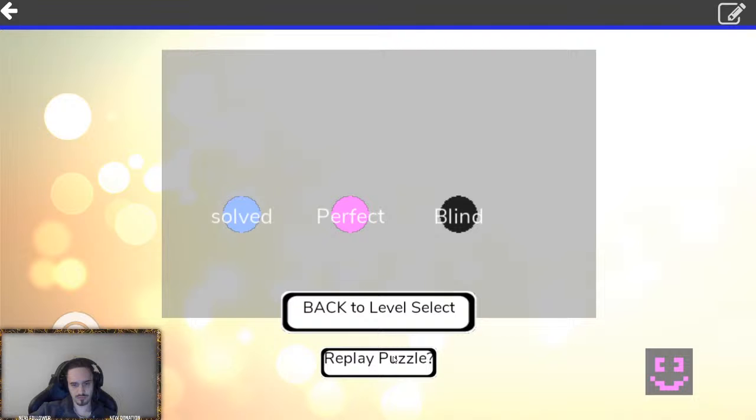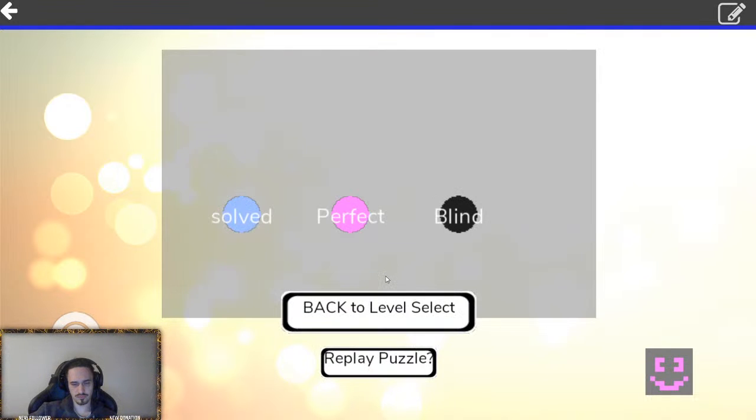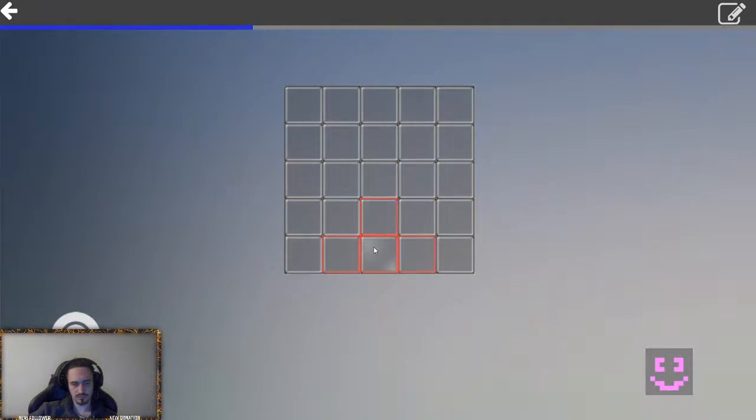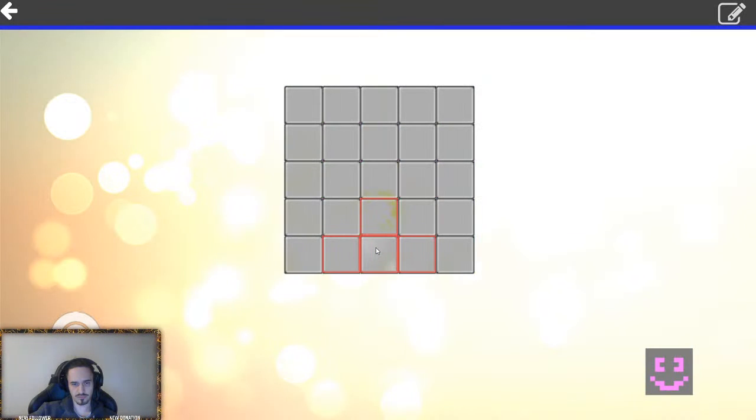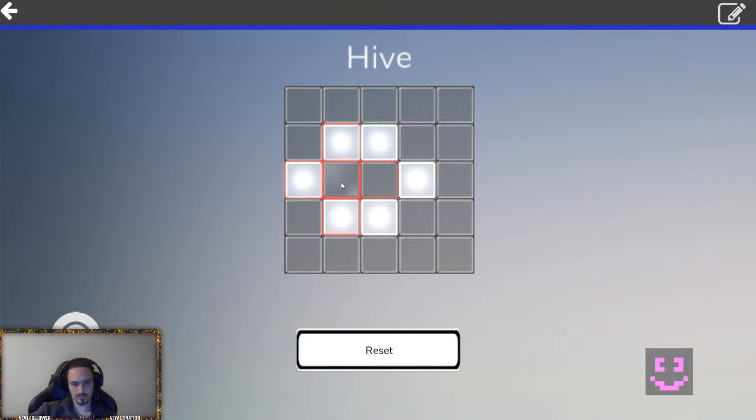Alright, you click the fish on the head. That was it. Click the nose and the gills to solve. Find that Nemo. Yep. Find that Nemo.